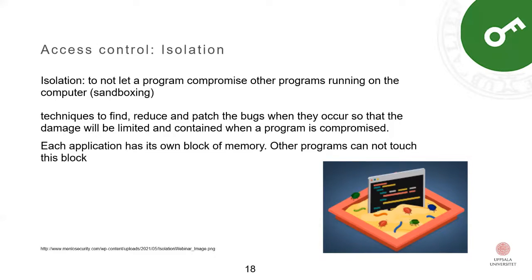We saw this actually when we talked about virtual machines, that those provide isolation for us, meaning that each virtual machine is only capable of using its own resources, and it will not have access to other virtual machines' resources. And if some problem happens, for example, a security issue in some virtual machine, the other ones will not be affected.